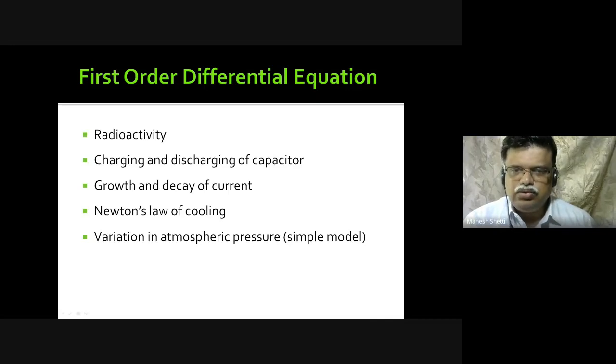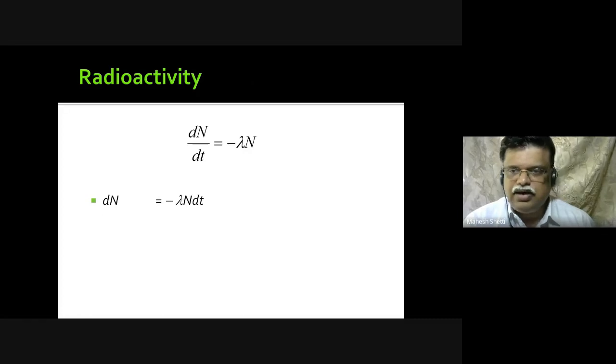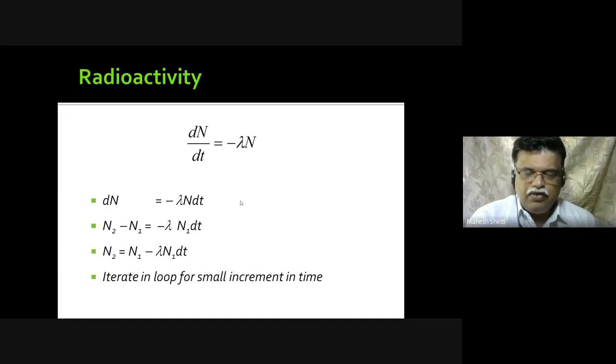So let me go to the next slide, and we had discussed this yesterday. We said this is what we are going to iterate. Here we are not actually doing integration in the sense of using Simpson's rule, completing the integration and getting the solution.